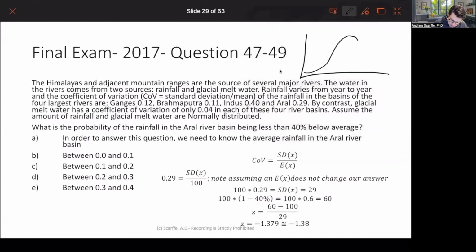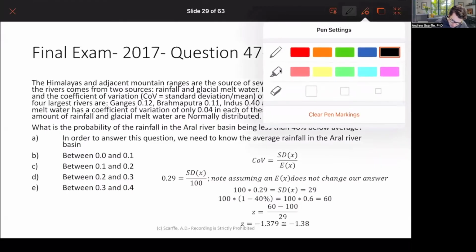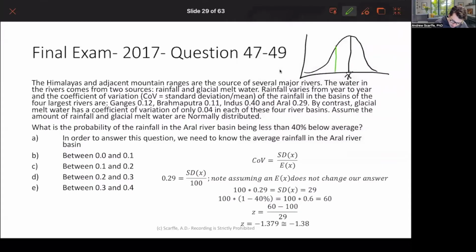it's normally distributed around our mean, whatever value we pick here, which is X bar times 0.6, right? 40% below, X bar times 0.6, it will always be 40% below.